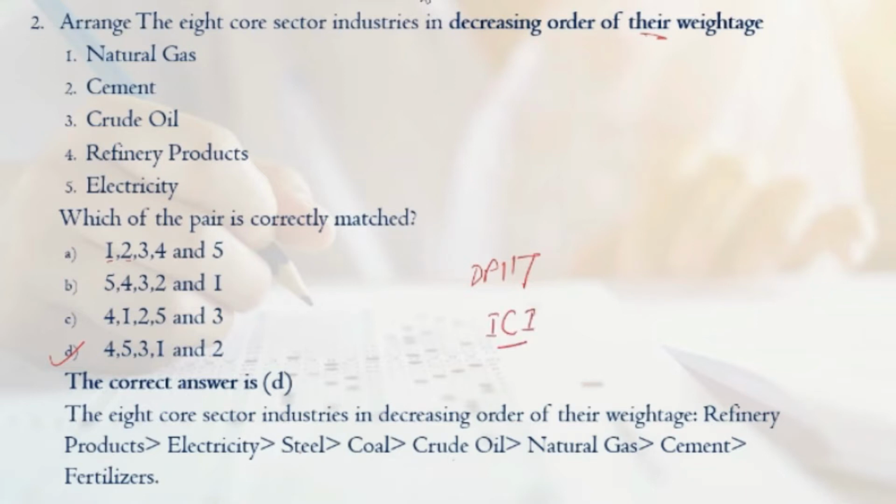It is a composite indicator that measures the growth rate of industry groups classified under broad sectors, namely mining, manufacturing, and electricity, and use-based sectors, namely basic goods, capital goods, and intermediate goods.